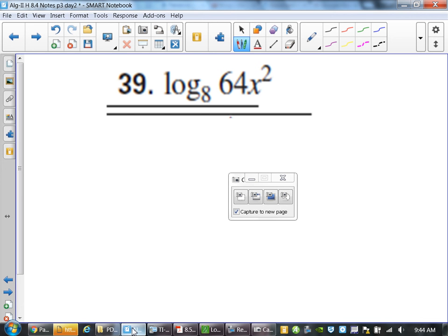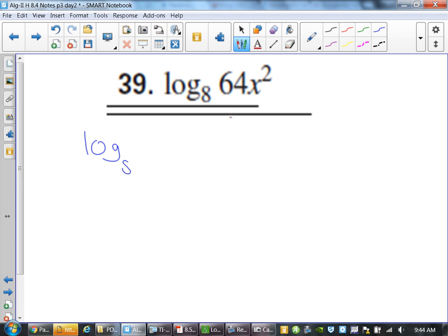In this problem, you have log base 8 of 64 times x squared. I'm going to put that like that. Which means you can split it into an addition problem. You get log base 8 of 64 plus the log base 8 of x squared.